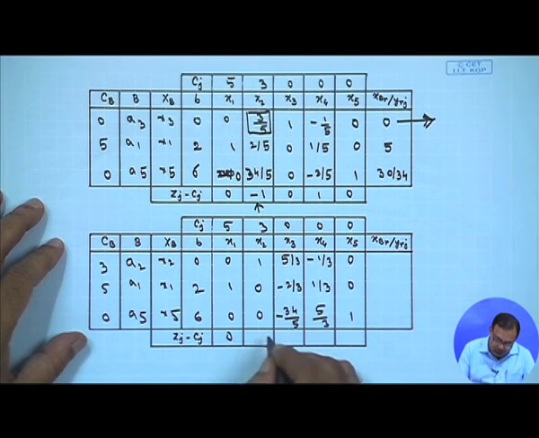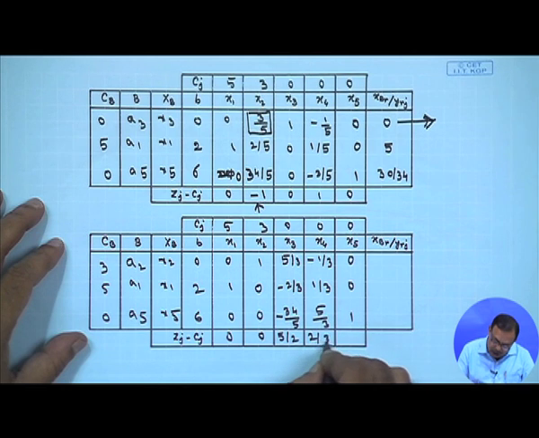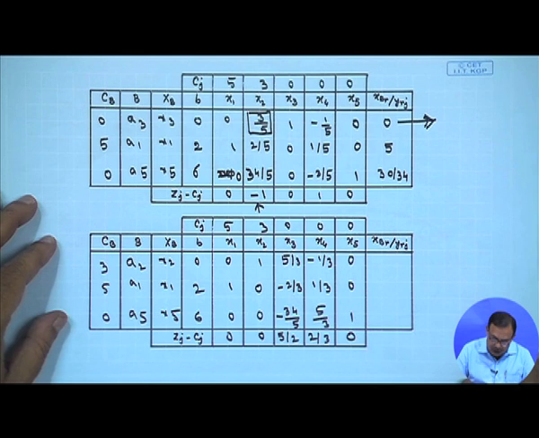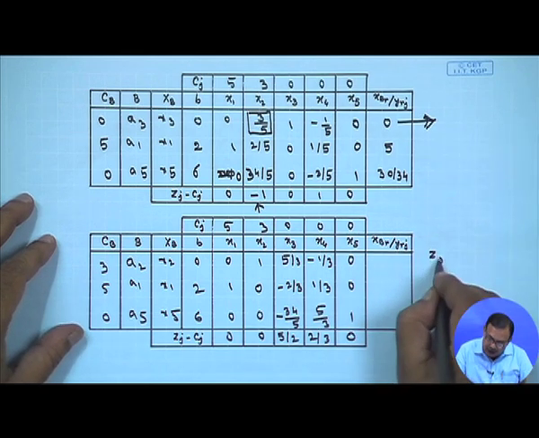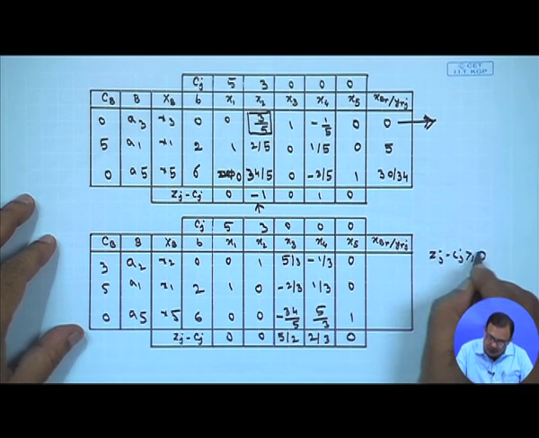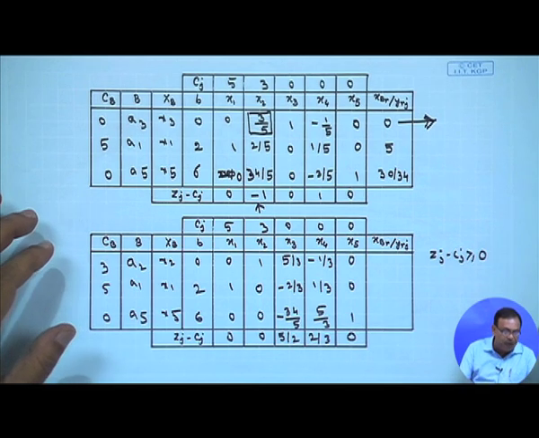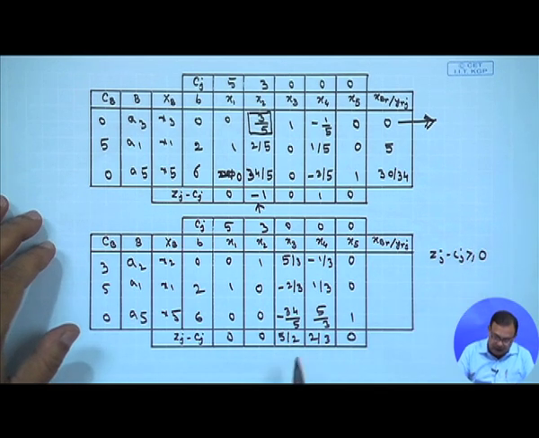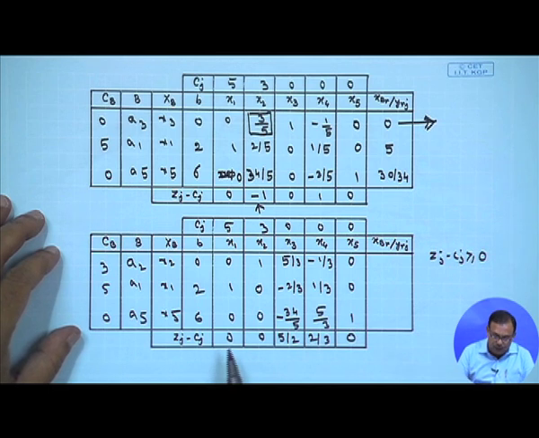So, if you calculate now, Zj minus Cj is 0, 0, 5 by 3, 2 by 3 and this is 0. Therefore, Zj minus Cj is greater than or equal to 0 for this case, and Zj minus Cj is greater than 0 for non-basic variables, that is, here these two cases x3 and x4.